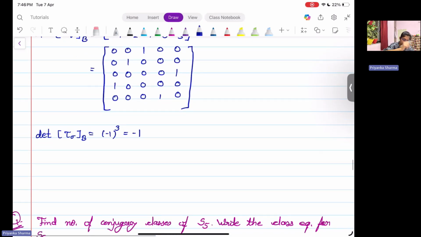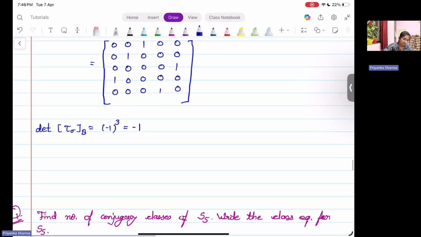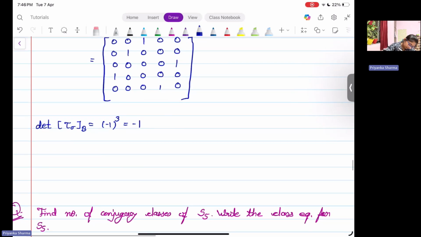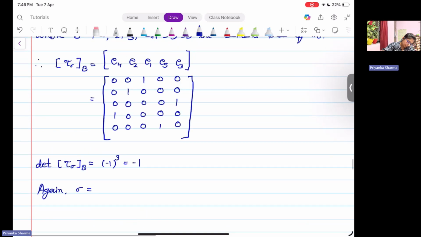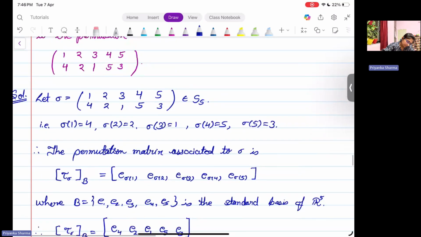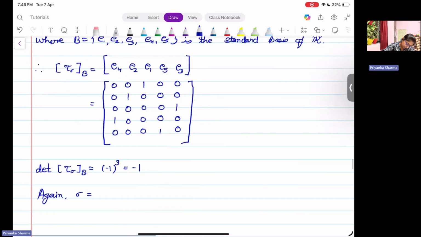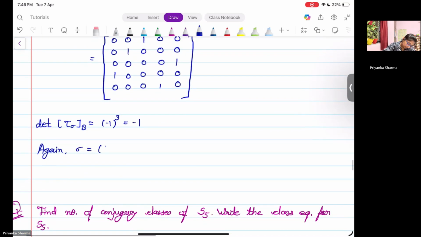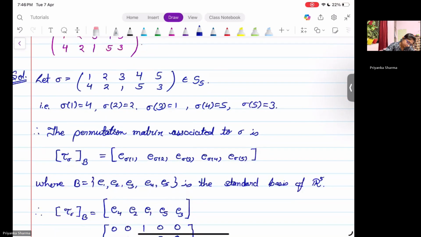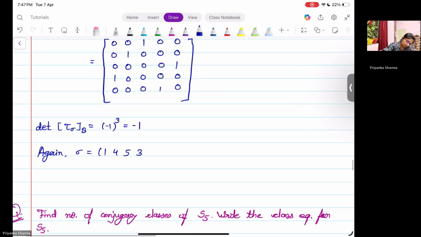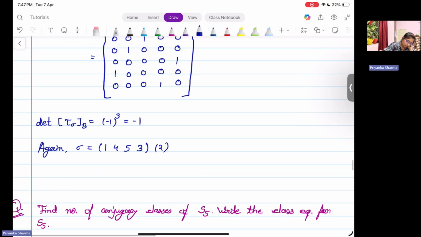Or the determinant of this matrix can be found by the sign. So, okay, let's write the cycle decomposition of sigma, which is (1 4 5 3). 3 goes to 1, and 2 is fixed.